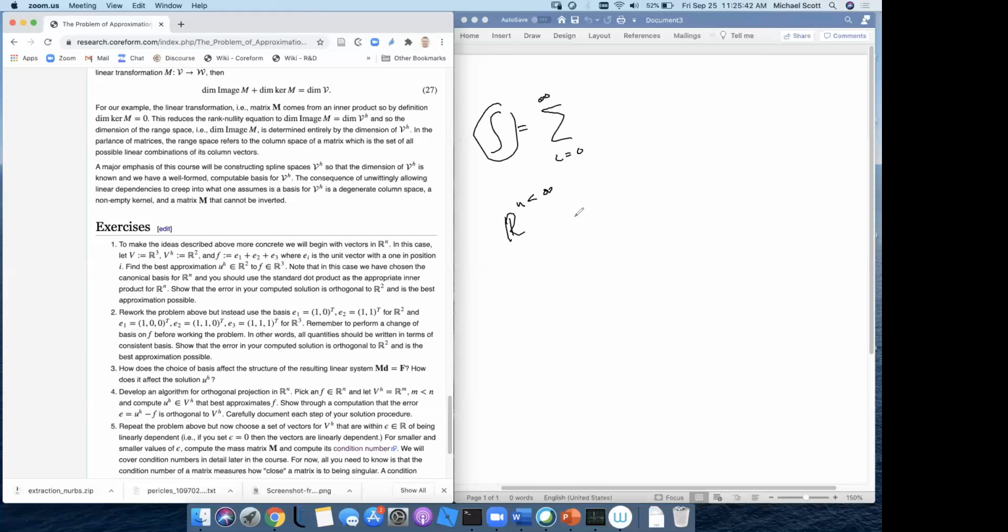You just need the sum, which is why the dot product in Rn is the sum from i equals 1 to n, right? Because this is what tells you you're finite dimensional. But if we look at the L2 inner product, let's say it looks like the integral of f g d omega.